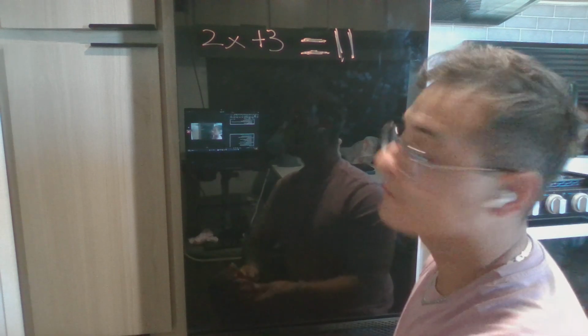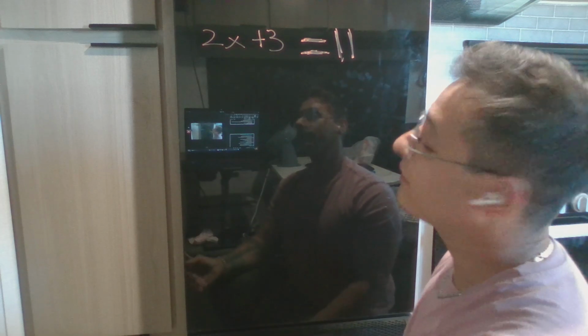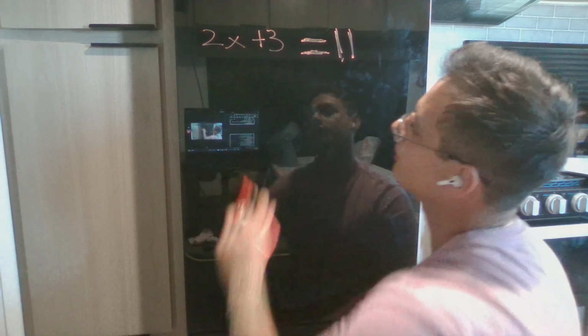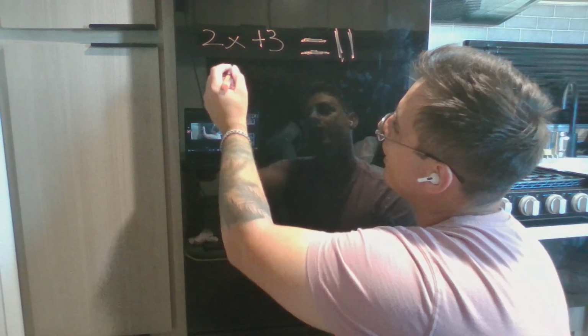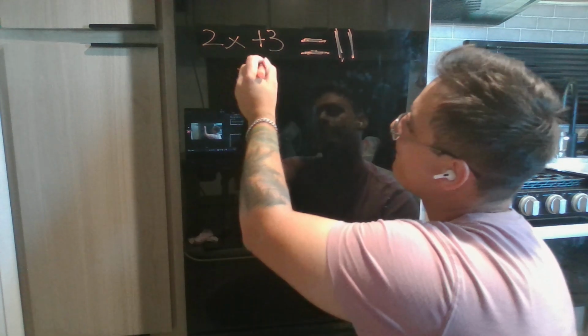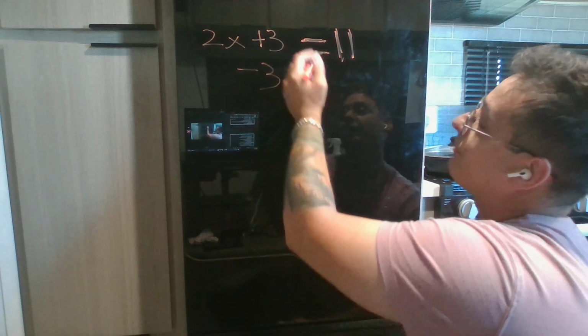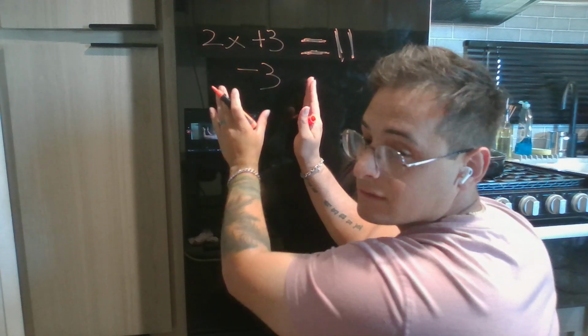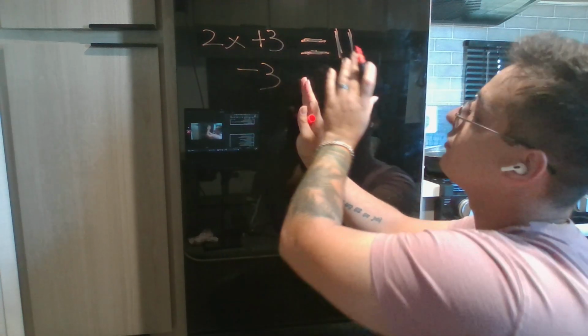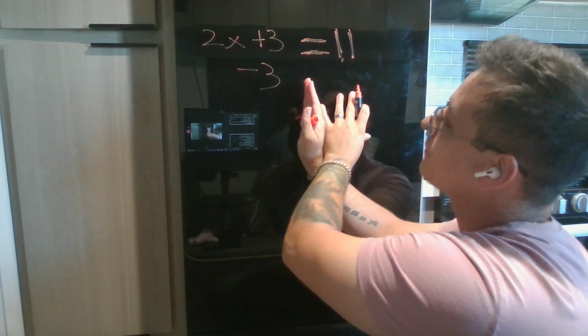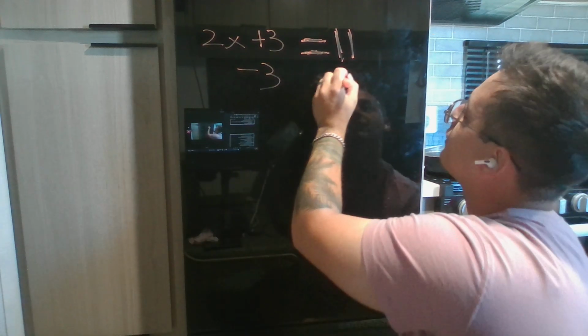So how do we do that? We subtract 3 from this side. So we have 2x plus 3 minus 3. And because we did it on this side, we also have to do it on this side because we are balancing. So we have to do 11 minus 3.